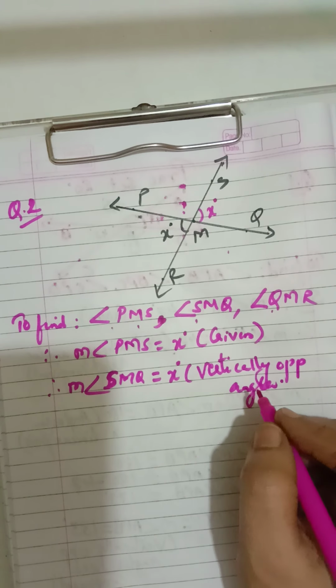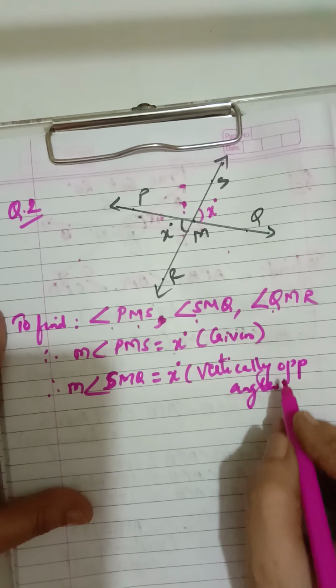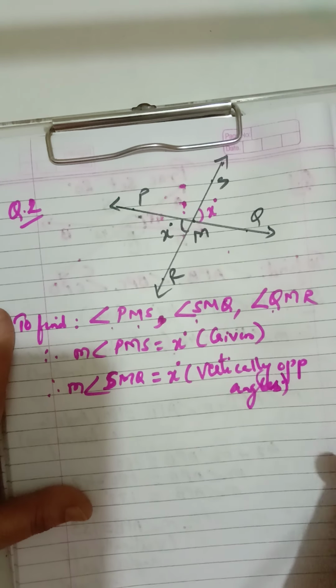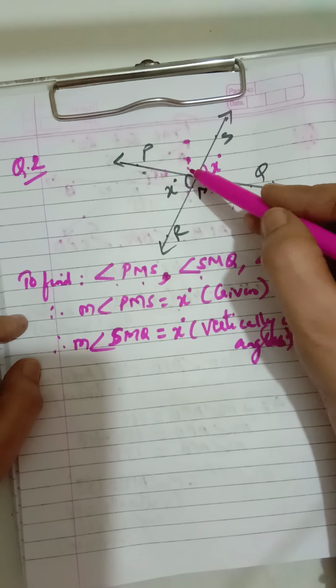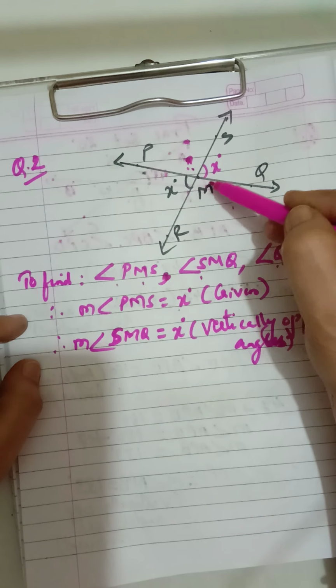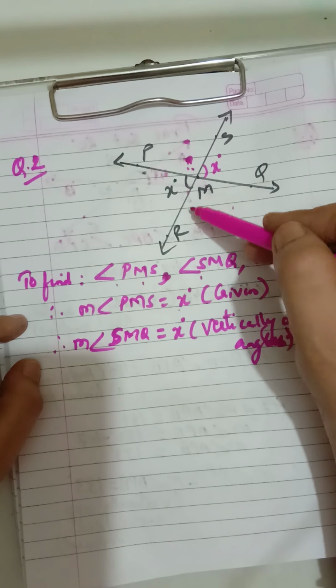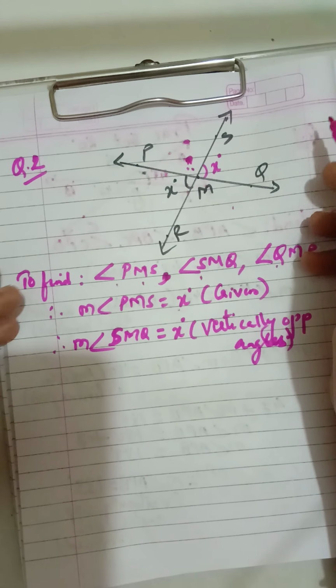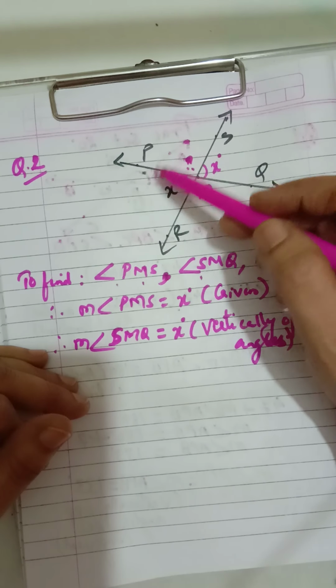Now see children, we need to find angle PMS. If we are able to find this angle, then automatically this angle QMR, its measure will be the same. Now let us find out.